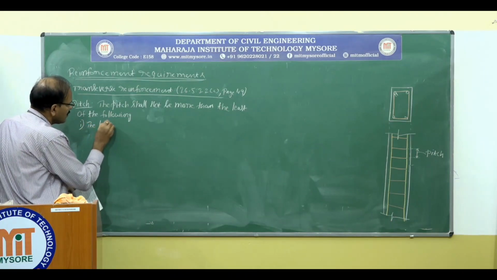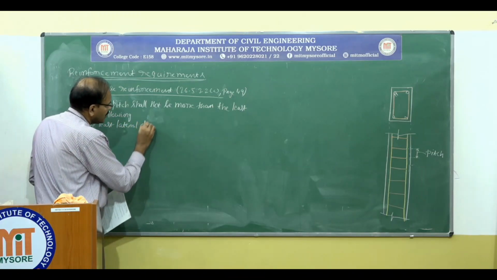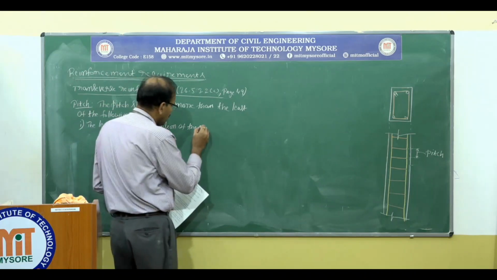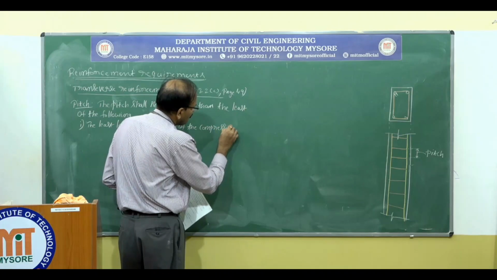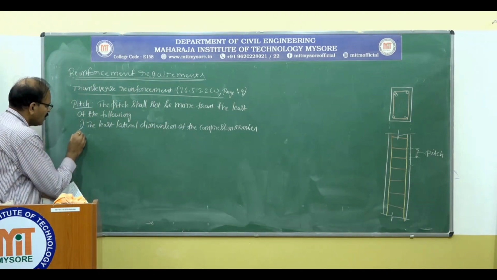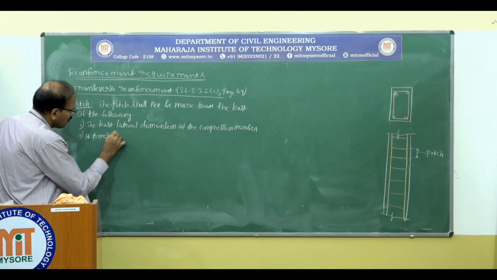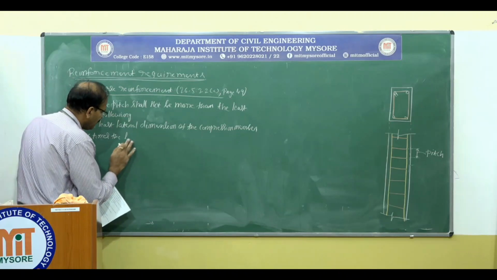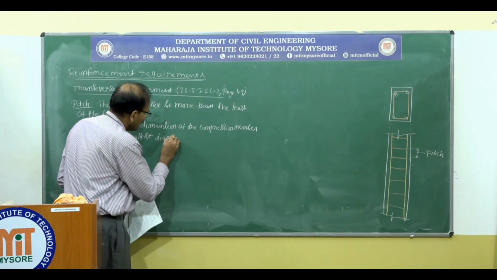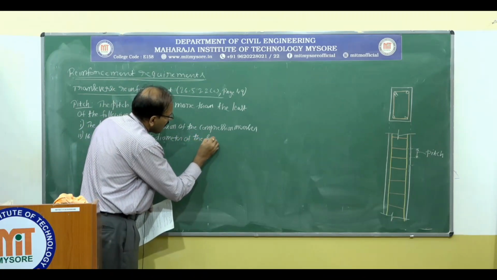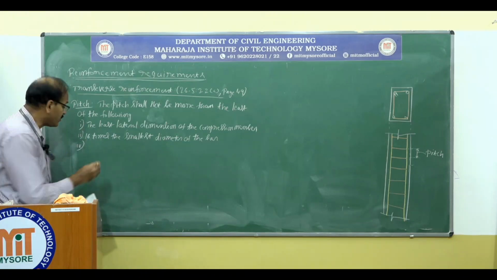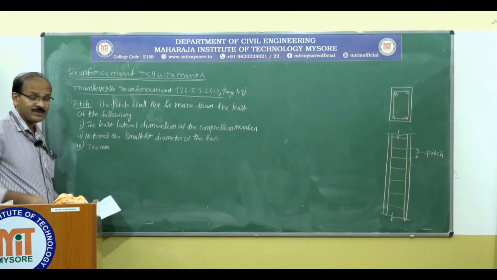The least lateral dimension of the compression member, next 16 times the diameter of the smallest diameter of the bar, and in no case it should exceed 300 millimeter. I am going to explain what is this.